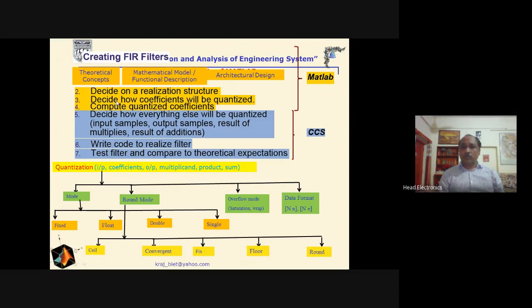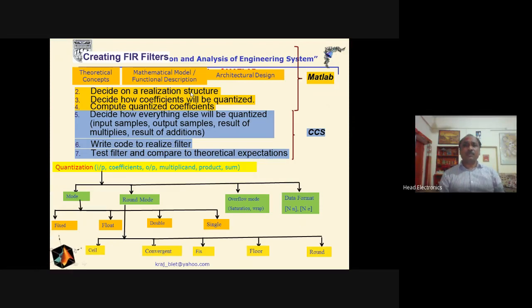In order to decide how the coefficients will be quantized, we have to select the mode, round mode, overflow mode, and data format. In the mode, we have to select the fixed, float, double, and single. In the round mode, we have to select the ceil, convergent, fix, floor, and the round. In the overflow mode, we have to select either the saturation or the wrap. And in the data format, we have to select any one data format.